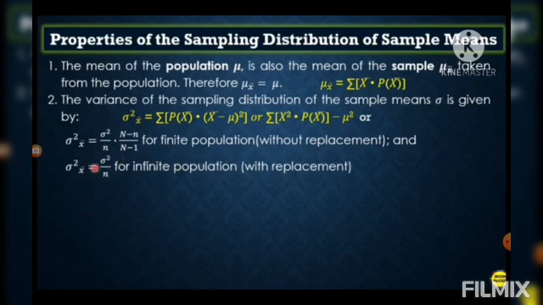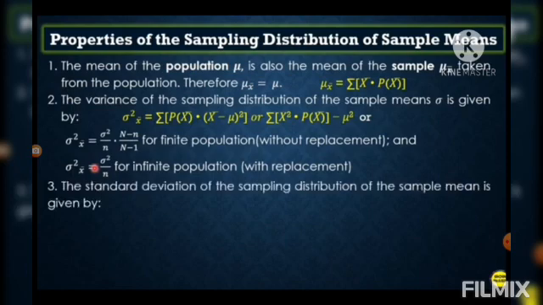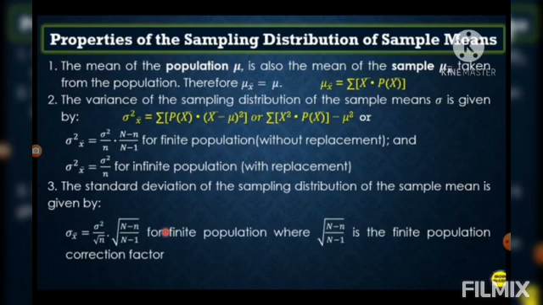Number 2, the standard deviation of the sampling distribution of the sample mean is given by σ_x̄ equal to σ over √n times the square root of (N−n)/(N−1) for a finite population, where (N−n)/(N−1) is the finite population correction factor. And σ_x̄ equals σ over √n for an infinite population.